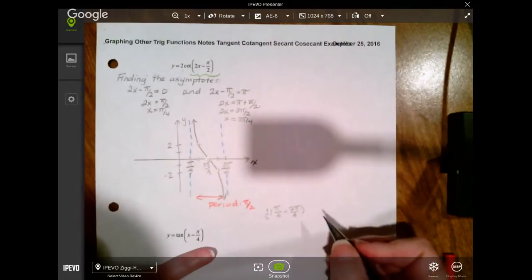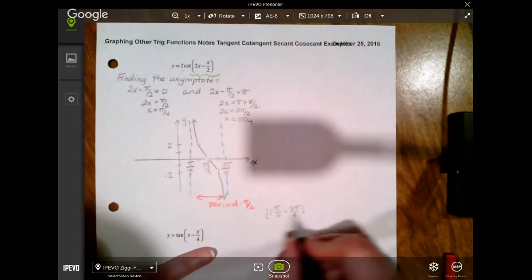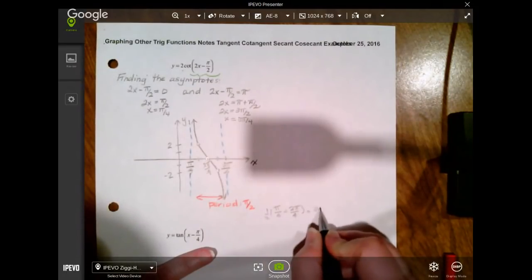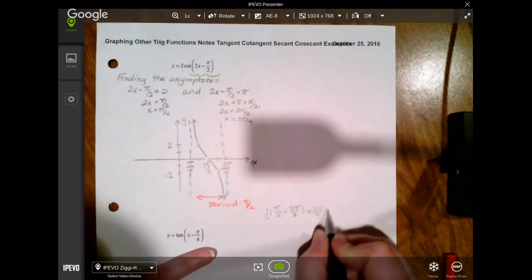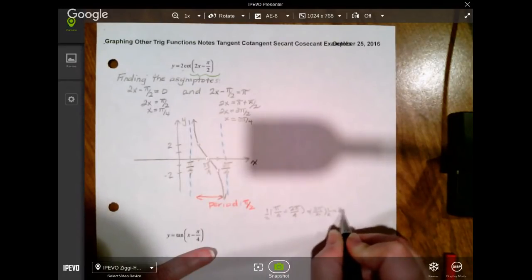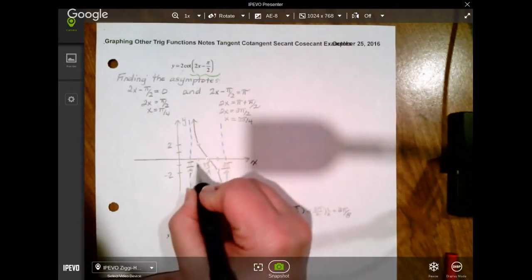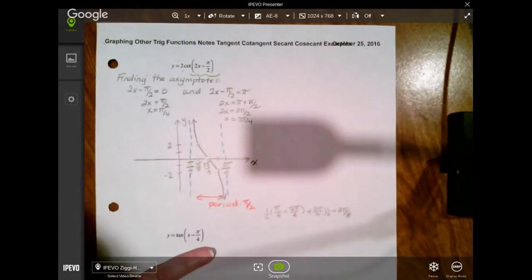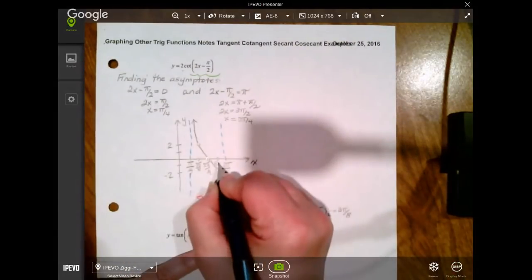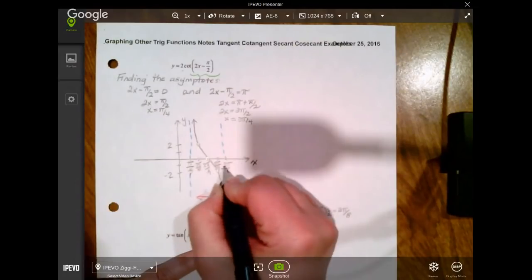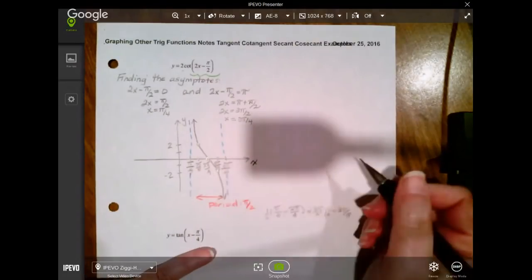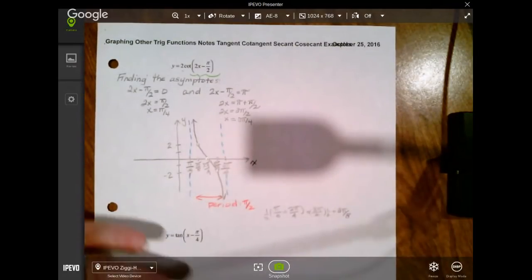That's the same as dividing them by 2. So this is going to be 3 pi over 4 times 1/2, which would be 3 pi over 8. So 3 pi over 8 is going to be this point here. And then maybe you can jump with me and know that this would be 5 pi over 8 because 2 plus 3 is 5, and we would multiply that by 1/2. Hopefully you can see all those numbers.